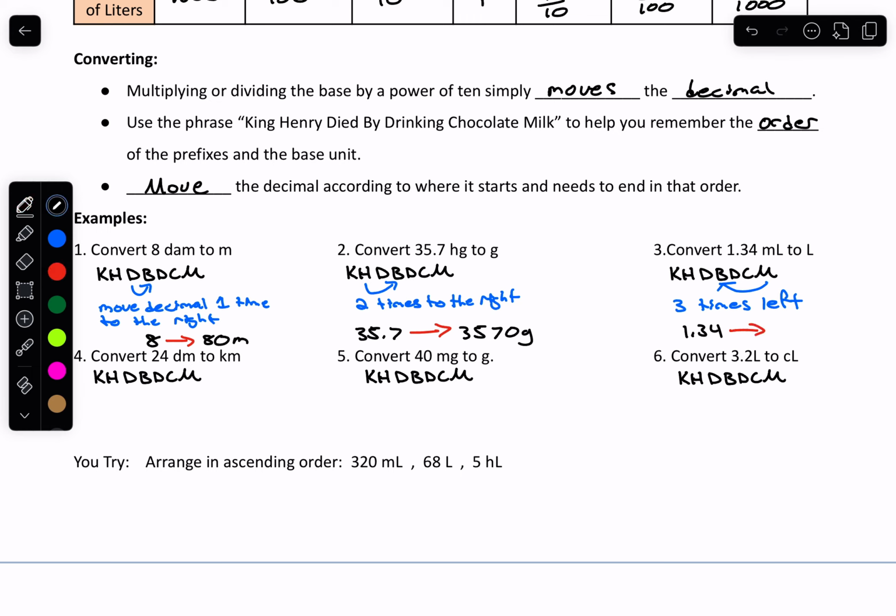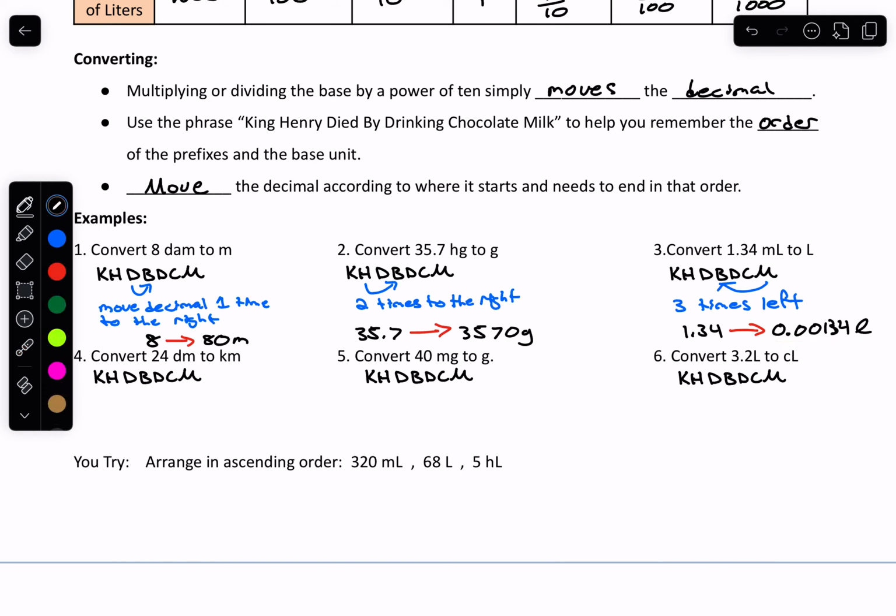If I move that decimal spot 3 times to the left, I have to add a couple zeros there. I'm going to get 0.00134. And that is how many liters I have. So notice, if I move that decimal 3 times to the left, 1, 2, 3 times, I have to put some zeros in there. So I get 0.0034 liters.